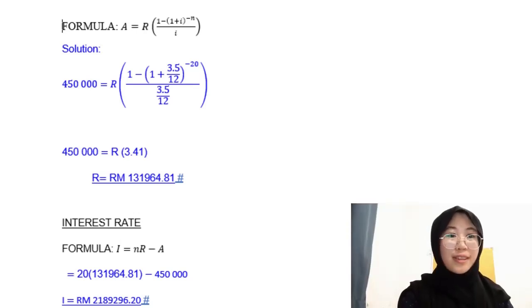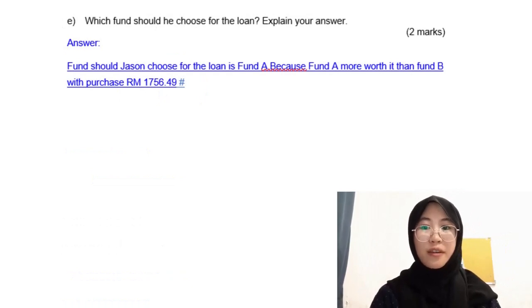So the total interest is I equal to nR minus A, 20 bracket 131,964.81 bracket minus 450000. I is equal to RM2189296.20.